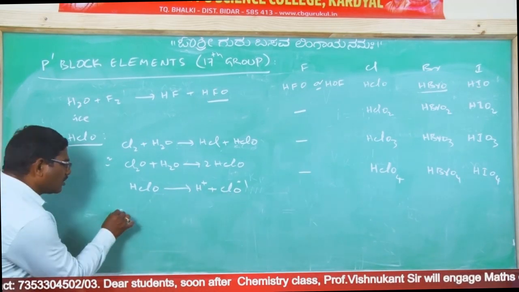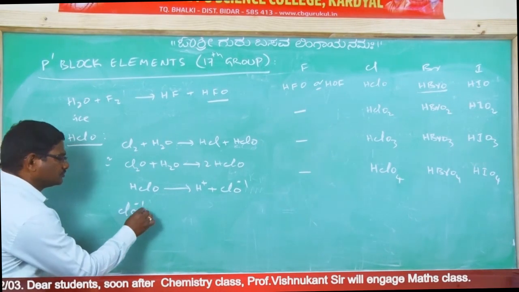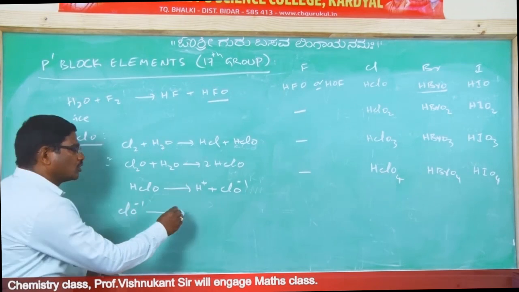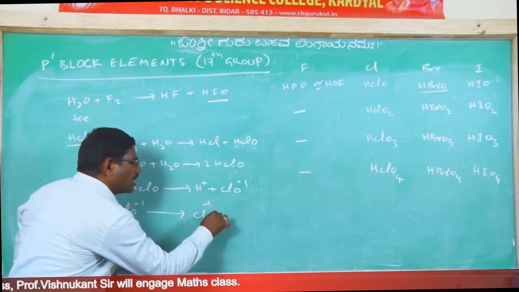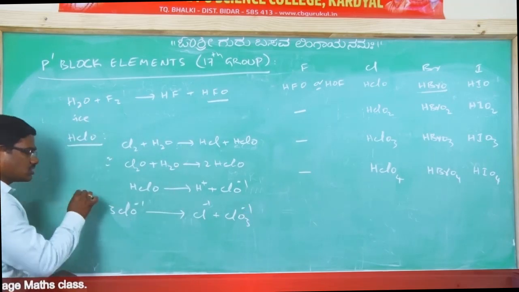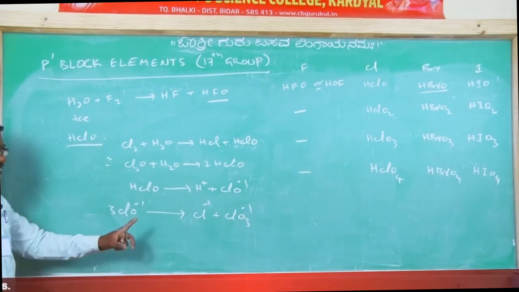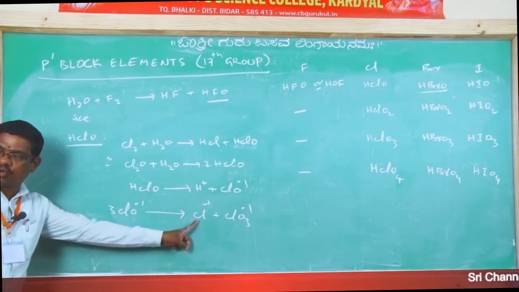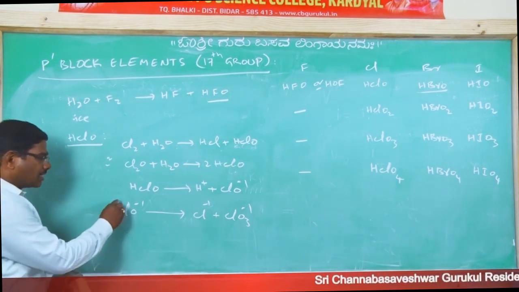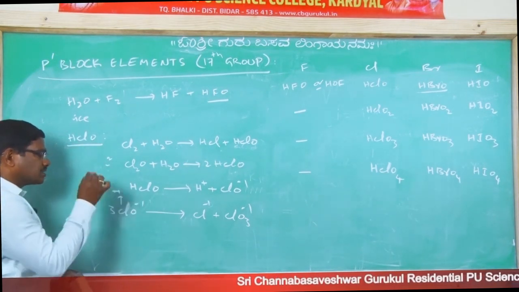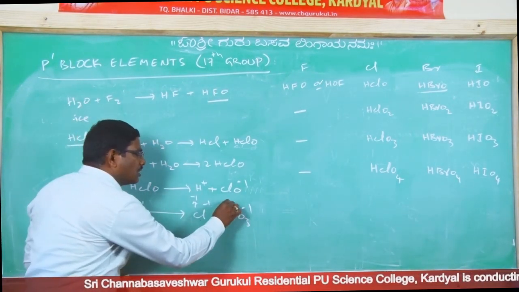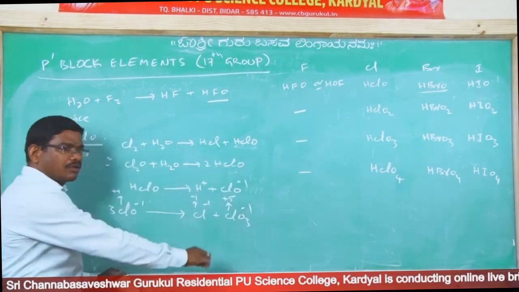ClO minus undergoes disproportionation to give Cl minus and ClO3 minus. Here 3 moles of hypochlorite undergo disproportionation to give chloride as well as chlorate. The oxidation number of chlorine here is +1, here it is -1, and here it is +5.